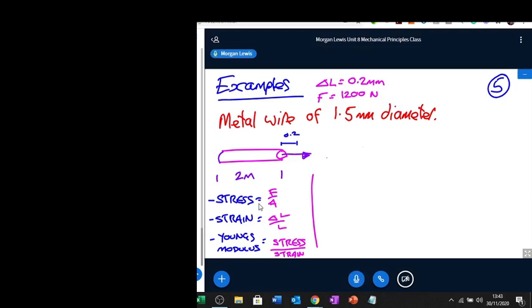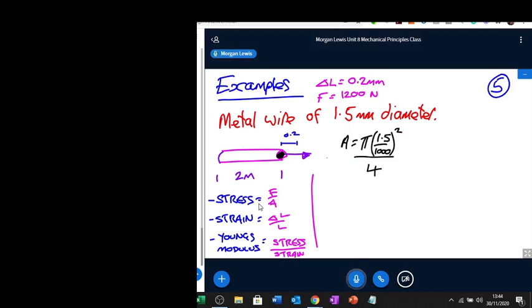So first of all we need area. So it's a round bar, look. So area is going to be, I'll use pi d squared over 4. So area is going to be pi. Don't forget we need to be in meters, so we'll divide this by 1,000. Pi d squared all over 4.